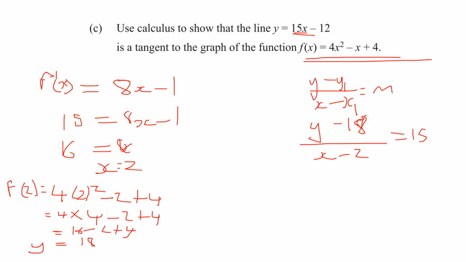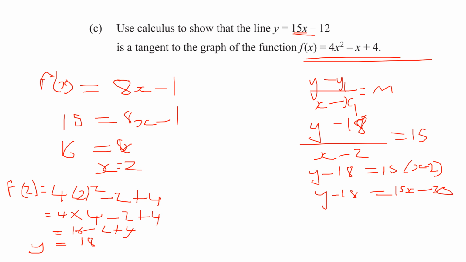So y minus 18 is equal to 15 multiplied by x minus 2. So this is going to be y minus 18 is equal to 15x minus 30.